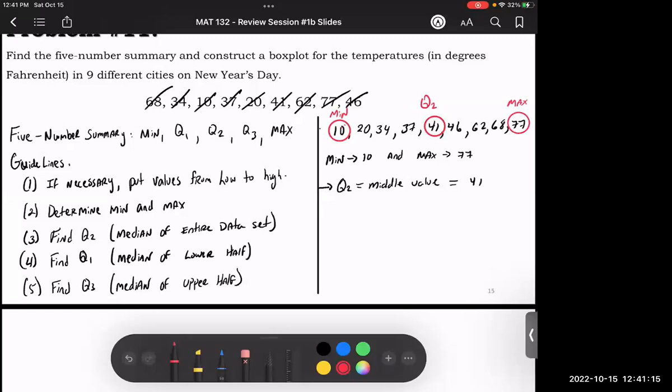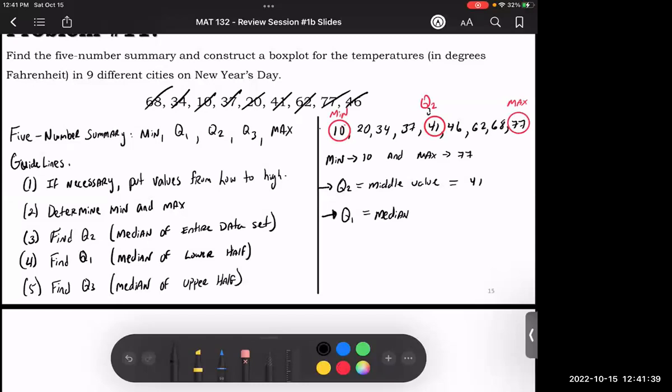Okay, so now we got to find Q1 and Q3. By our guidelines, you need to take the median of the lower half. So how many values are in the lower half? 4, because we're not including the value of Q2.